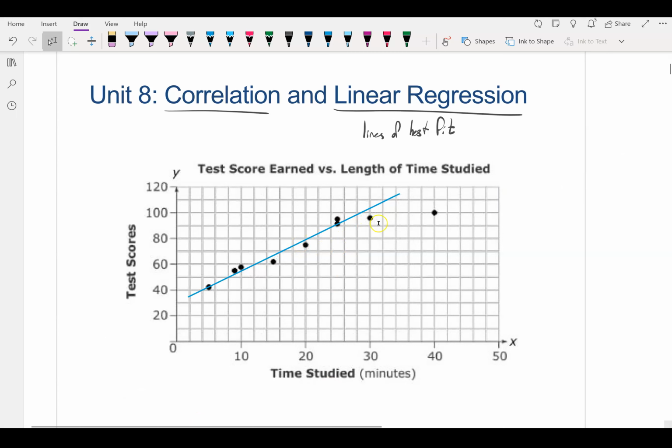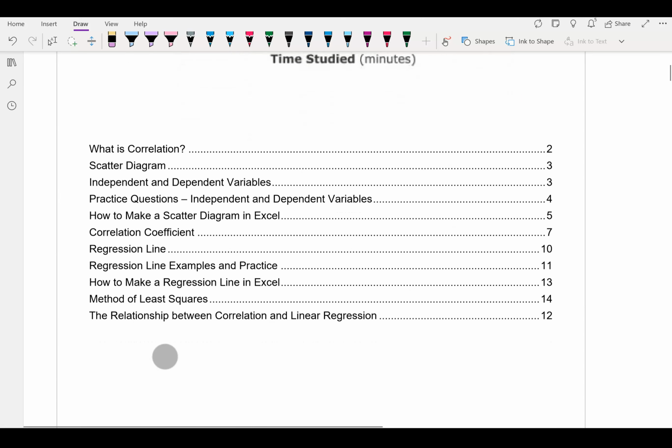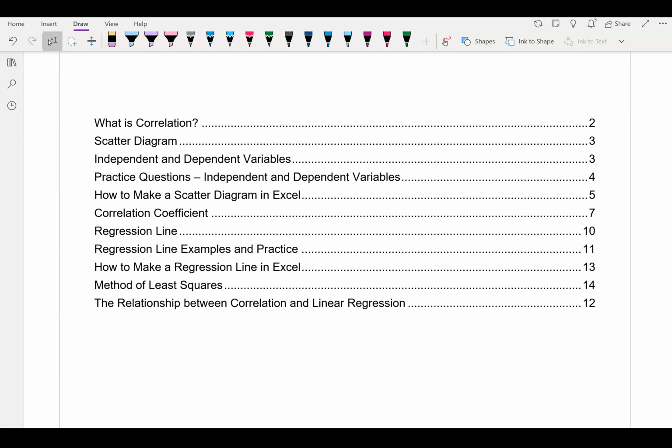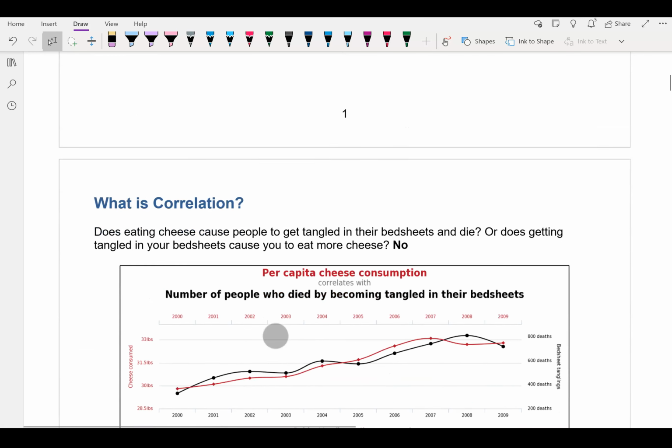It's actually probably not so good because there's a few pieces of data below it. But we're going to be able to figure out how to make Excel do the line for us, which will tell us if there's a relationship there or not. And we're going to be able to describe the strength of the relationship. So if you go down through the notes, the table of contents here should tell you exactly where everything is in the notes. So that's a good reference.